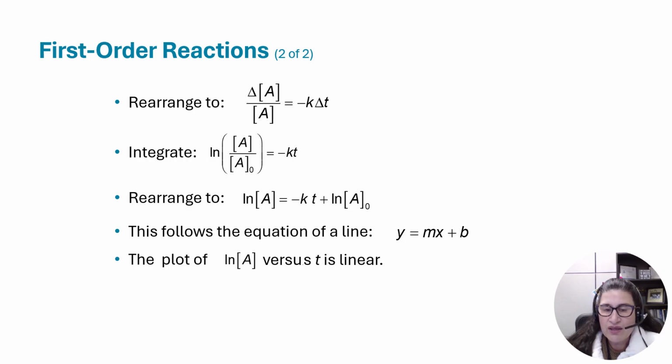So if I make a plot of ln of A on the y-axis and t on the x-axis, I would get a linear equation, and I could use graphical analysis to plot that, and then I could find the slope of the line, and the slope of that line would give me k, which is my constant.